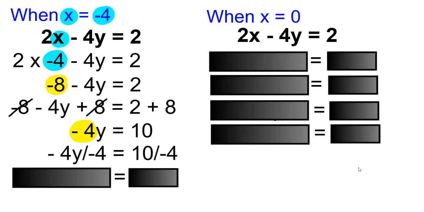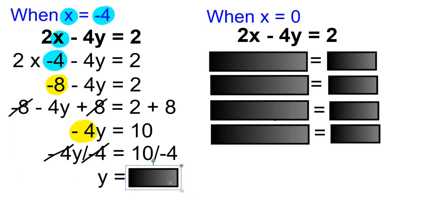The negative 4's on the left-hand side will cancel, leaving us with y. And 10 divided by negative 4 is negative 2.5. So when x is equal to negative 4, y is equal to negative 2.5.